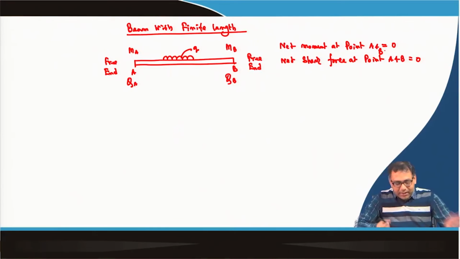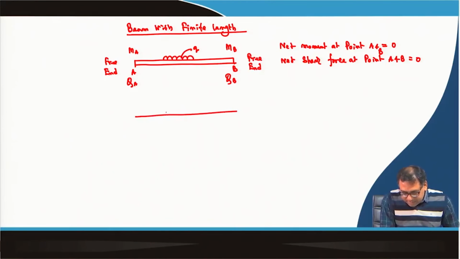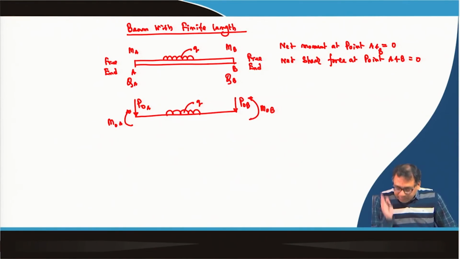So, we have to apply the end conditioning forces P0A and M0A, here also P0B and M0B, such that the net bending moment at both the ends is 0 and the net shear force at both the ends is also 0. Similarly, you have to solve these equations.